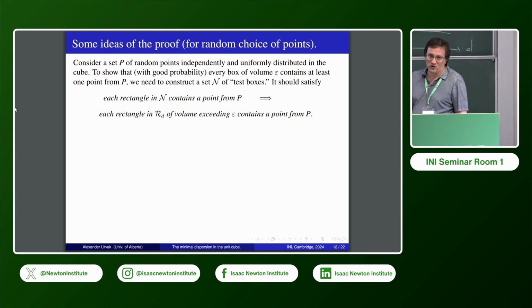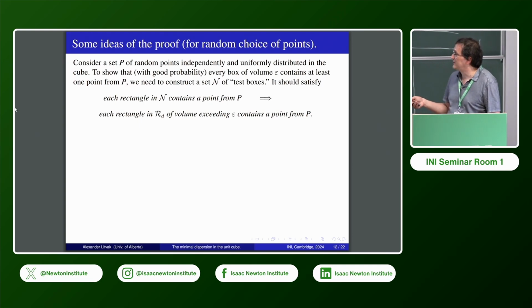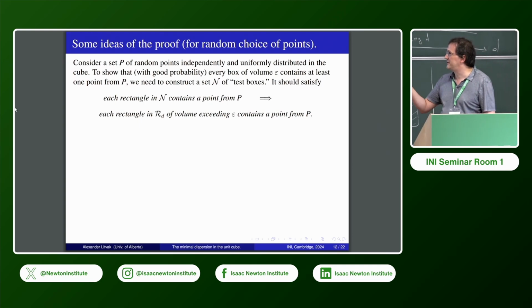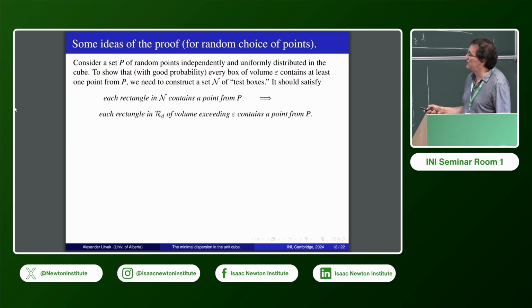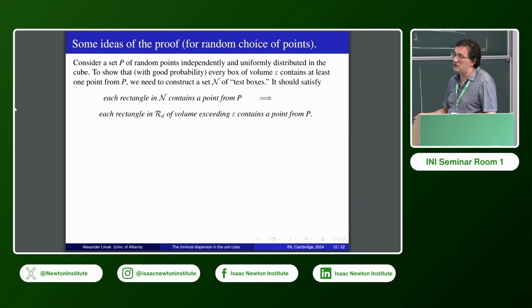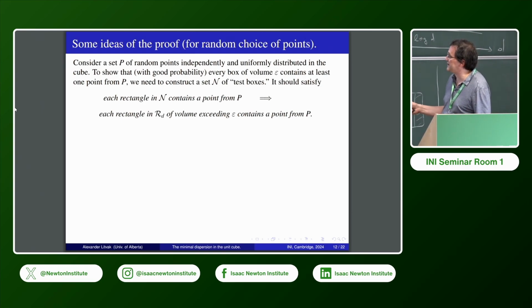So we cannot check all boxes, so we will use kind of nets, which I will call test boxes. What we want from them is: we have some set, and we want to say that it's enough to check all rectangles in this set.